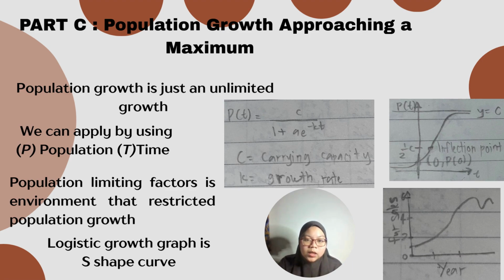In that picture I have three parts: one for the inflection point, another for the carrying capacity and growth rate, and the second one is about the S shape for the graph.